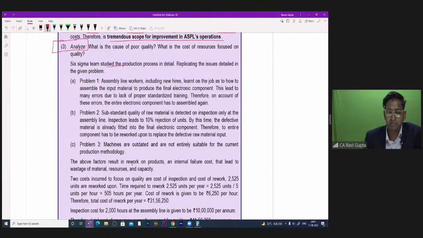See, the Six Sigma team analyzing means finding the cause of the poor quality. Relate it directly to the doctor example I gave you when we were discussing this concept. The doctor measures your temperature, right? Once he measured it, he noticed that okay, your fever is 102, 103, or 104. Then he will try to analyze why there is a fever. Even when there is no viral fever going on, why are you sick?